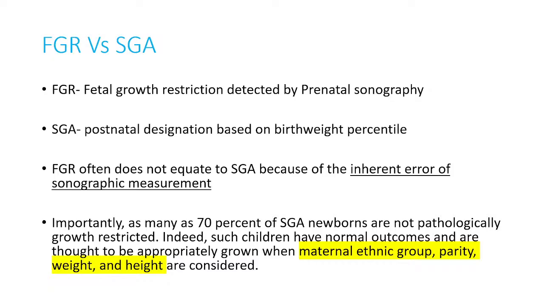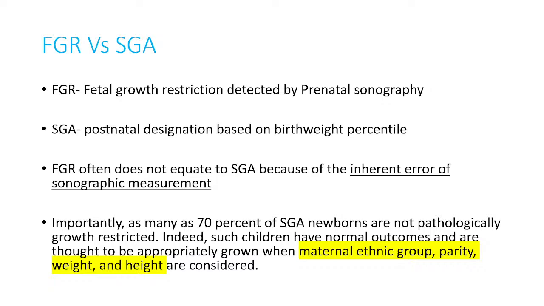But SGA is a postnatal designation. After delivery you measure the weight of the baby, and if at that gestational age the baby weight is less than 10 percentile, then it is SGA. So, the very easy difference between the two: one is measuring physically after delivery, the other is measuring during pregnancy by ultrasonography.